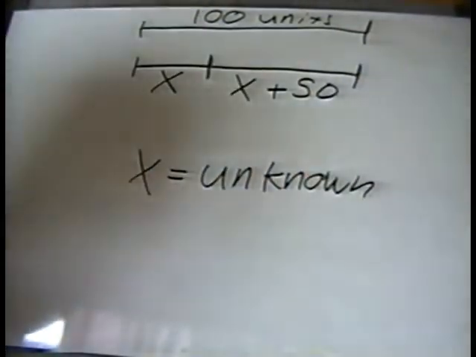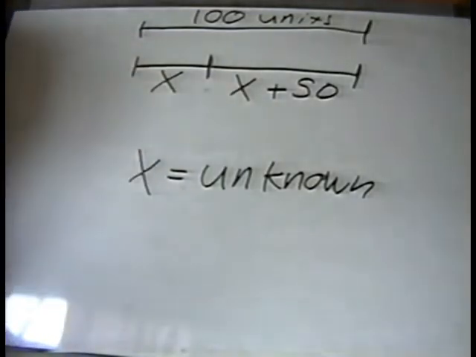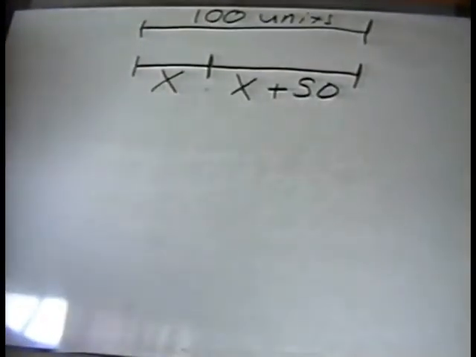It's what we don't know. We don't know how long the smaller part is. Now the larger part, we know that that's 50 units longer than X, or the smaller part. So we say X plus 50.